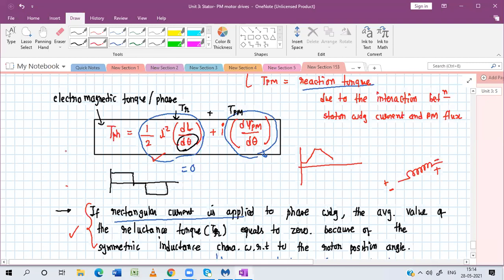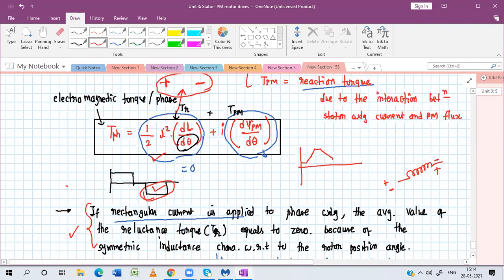To avoid this negative torque, we make the current zero. But here, if the negative side current is there, then the negative torque is there. So if the rectangular current is applied, this term has two parts. One is positive and the other is negative, so the equivalent resultant of this will be zero.